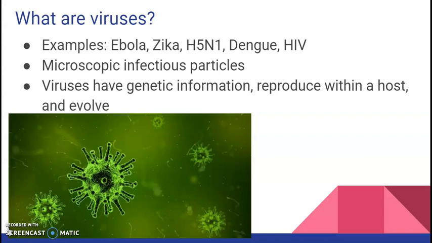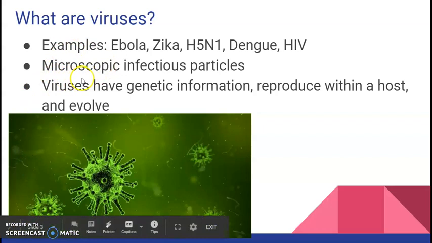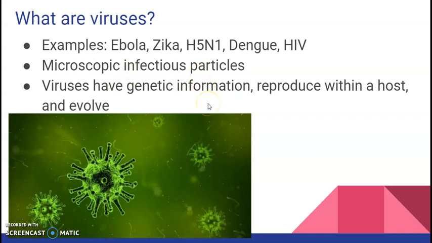Viruses are basically microscopic infectious particles. Notice, these are not living cells. You may remember back in the beginning of the year, we talked about all those things that define a living thing. Cells have that whole list of characteristics. Viruses do not possess all of those things. They do not maintain homeostasis.